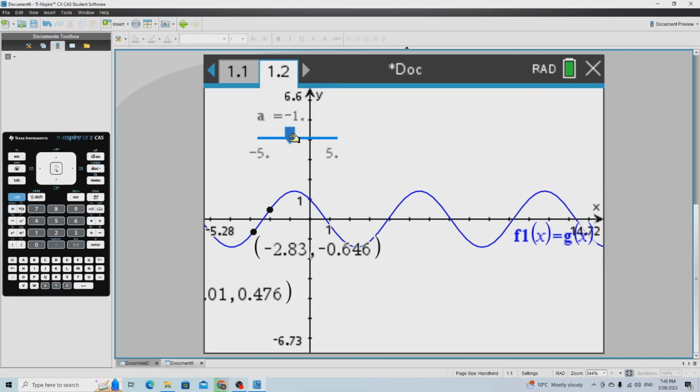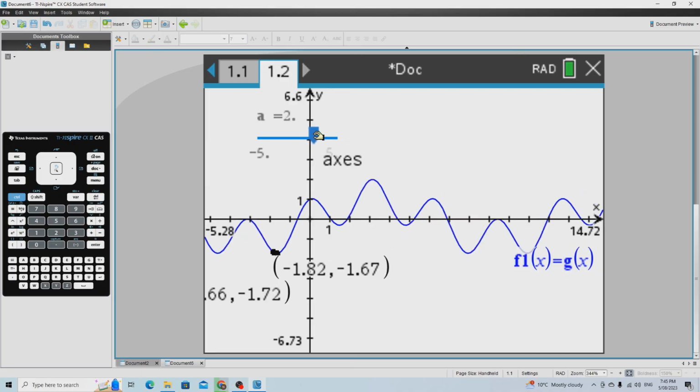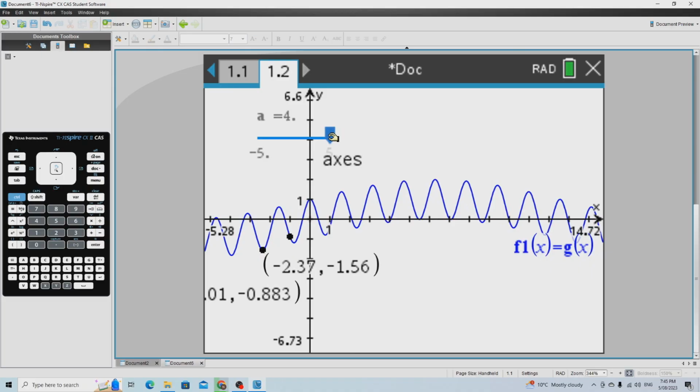The highest possible minimum value occurs at -1 and 1, which is the same value anyway. It looks like it has the greatest possible minimum value, because the other ones are just going more and more down.